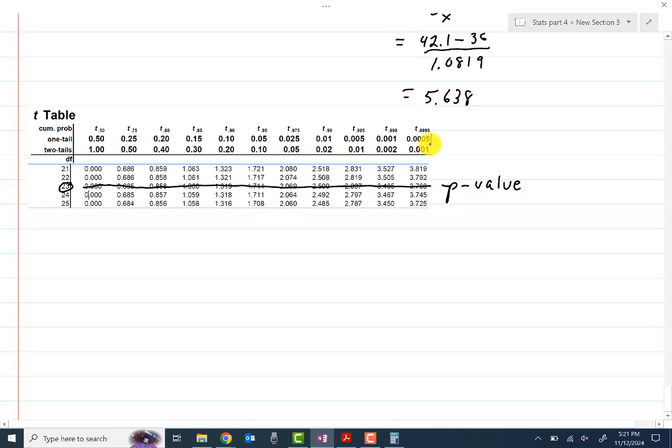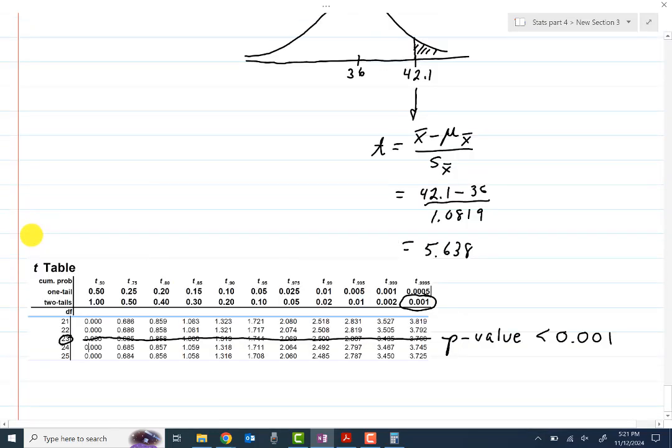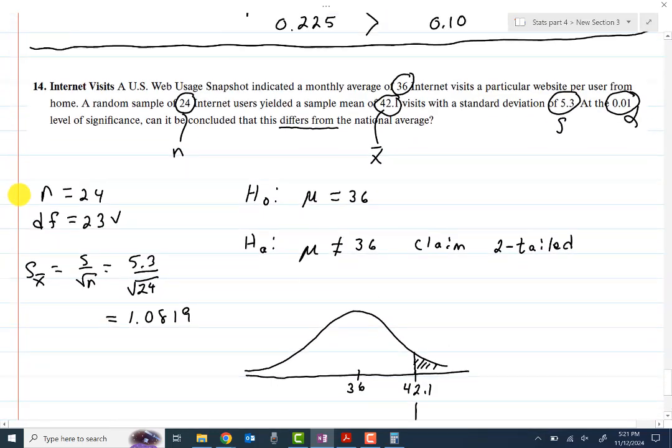So since this is two tails in particular, the p-value is less than 0.001. It's off the chart, basically, very insignificant. In fact, this p-value is going to probably be less than any alpha value you could imagine. Let's take a look at our alpha and see what it was.